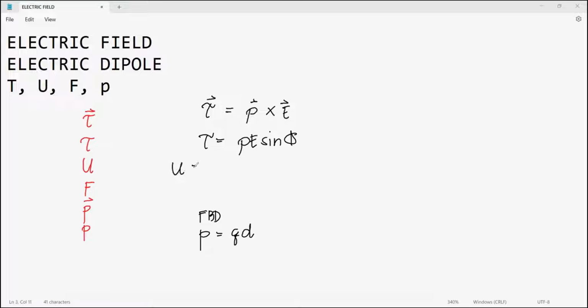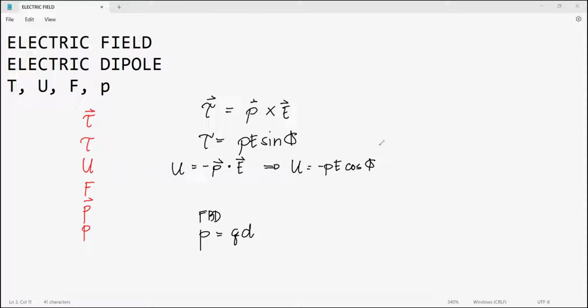That would mean electric potential energy is equal to negative electric dipole moment dot E. If we'd like the magnitude, that would be U equals negative PE cosine phi, because this is a dot product and not a cross product. If that's the case, then looking at the vector and when getting the magnitude, you can find a way of memorizing the formulas quite quickly.